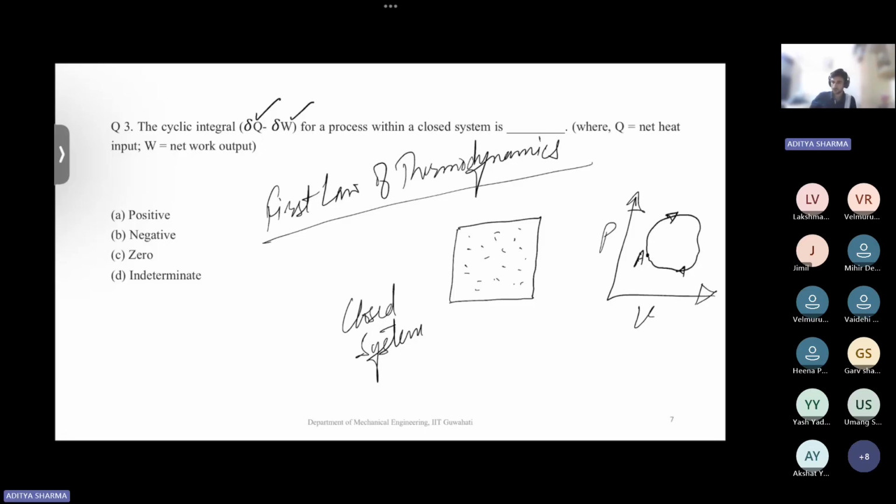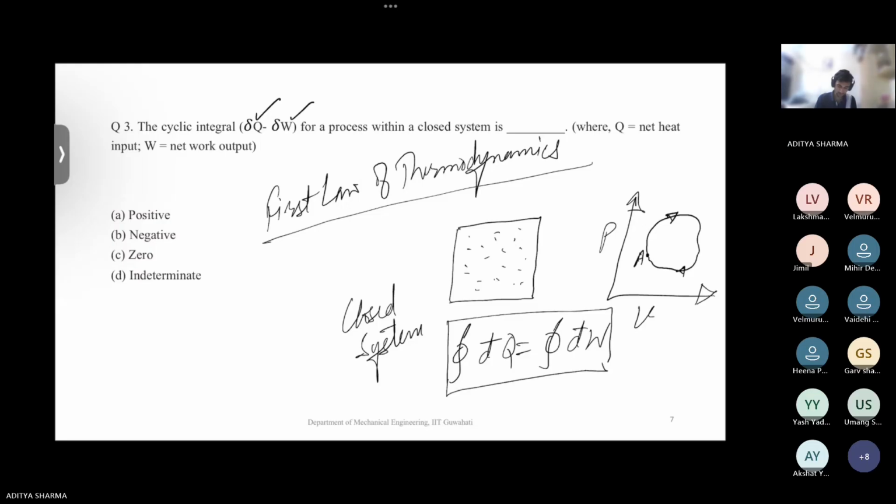In that case, what will happen? This comes from your first law of thermodynamics.